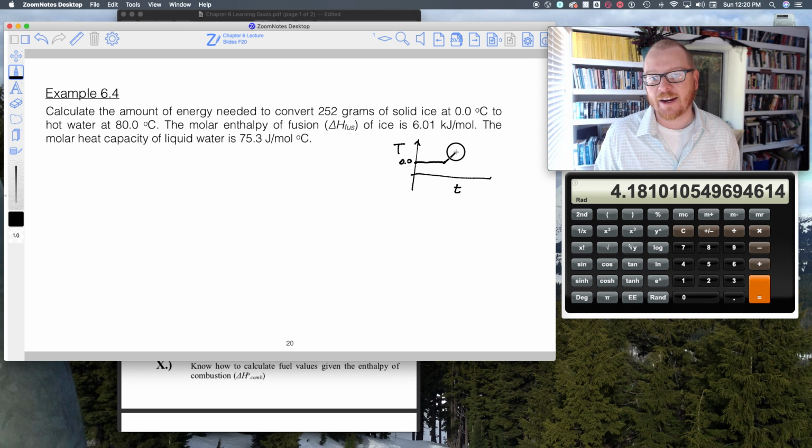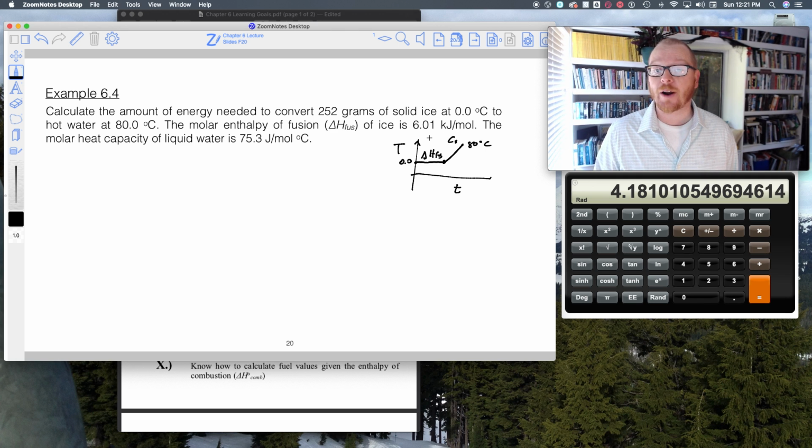And then we're going to heat it up to liquid water at 80 degrees C. And so schematically, what's going on here, during this leg of the calculation, we're going to have the delta H of fusion, all right? And during this leg of the calculation, we're going to be using the heat capacity.